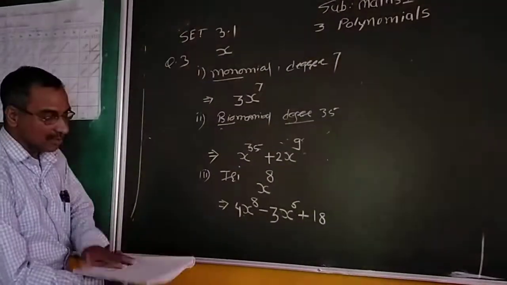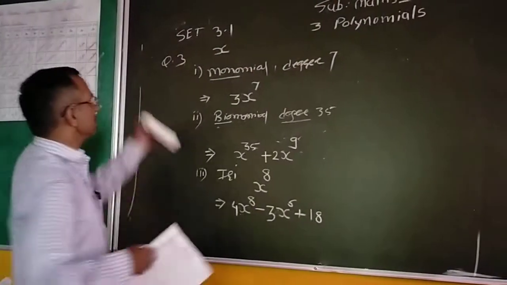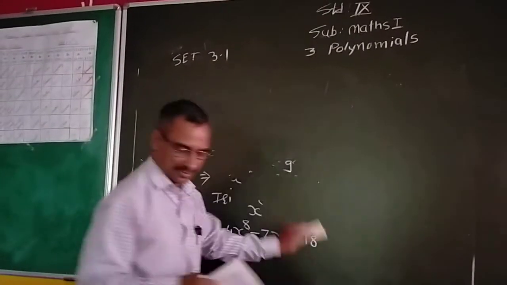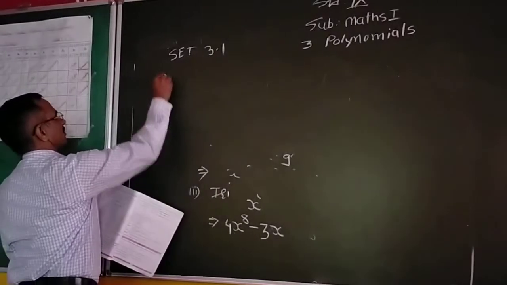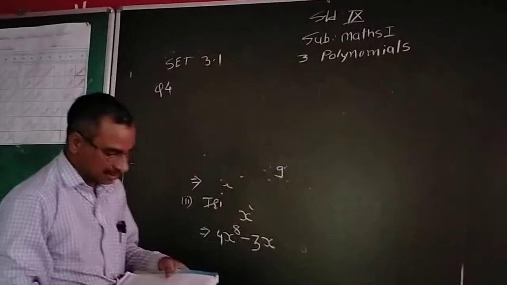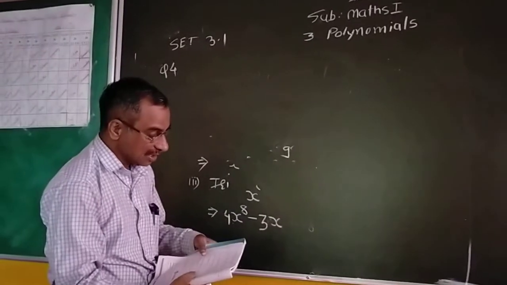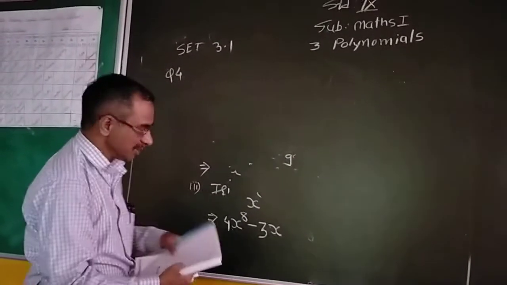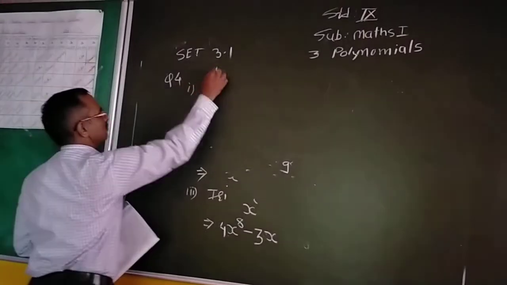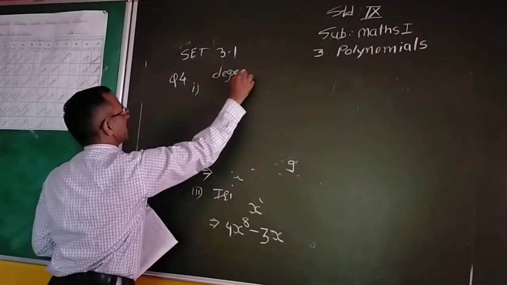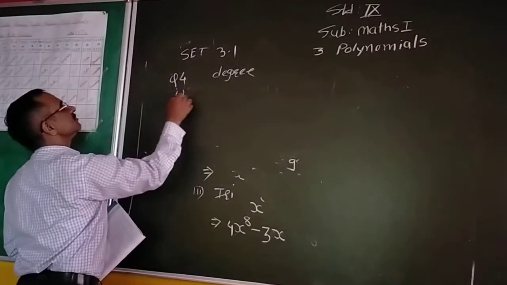Then question number 4. I will read the statement. Write the degree of the given polynomial. We will write only the degree. Degree of a given polynomial. Sub question 1.